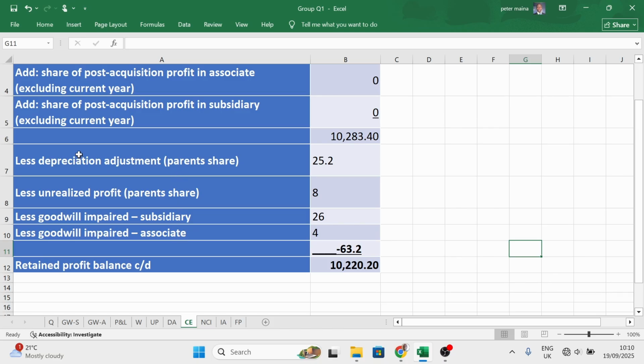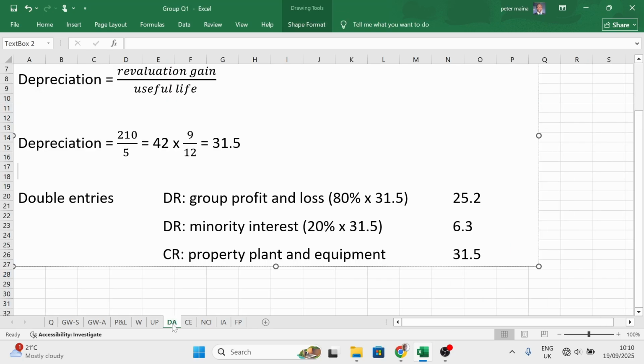The workings that we have been doing, for example, depreciation adjustments, are going to be recorded here. So for the depreciation adjustment, if we go back to the workings, we already found it was that 1.5, and then we took the share of the parent 80%, which gave us 25.2.